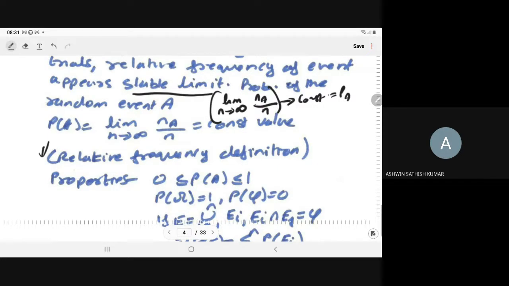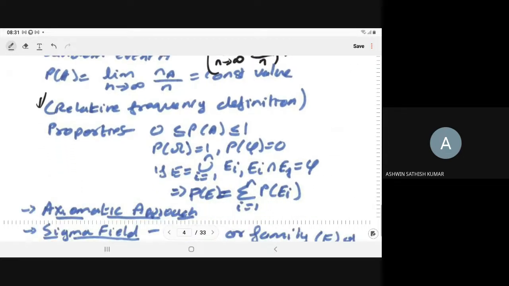Depending on the frequency. But this definition will not work for the application, so we have to define the probability in a different way. Some basic properties of the probability: it always lies between 0 and 1. The probability of a certain event is always 1.